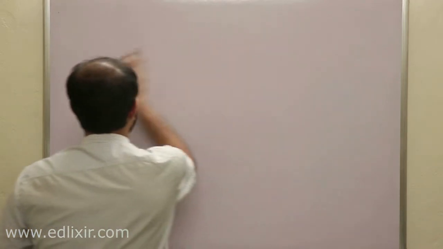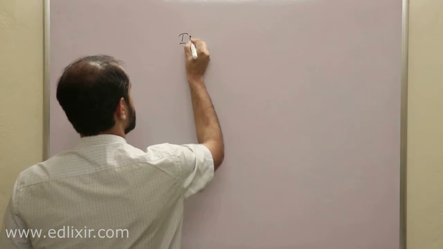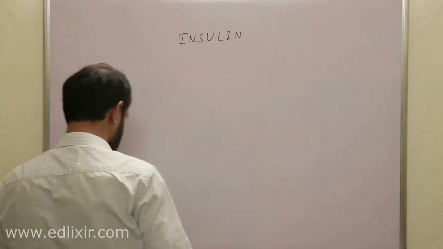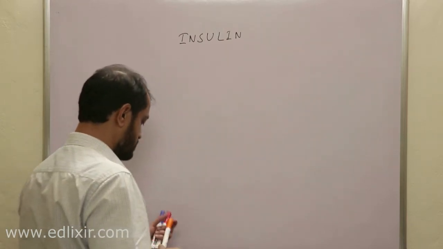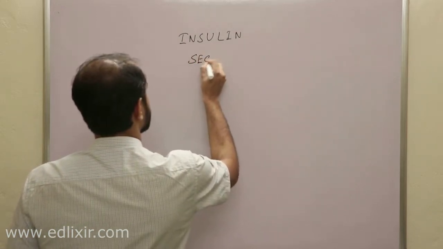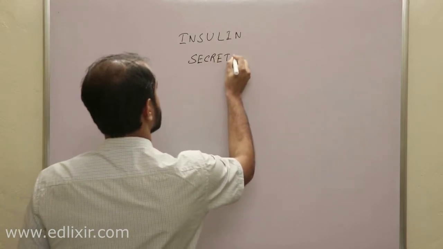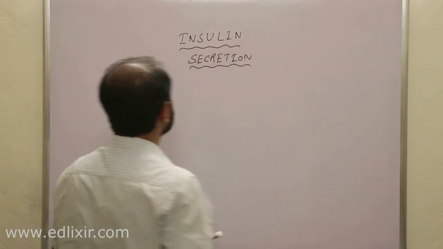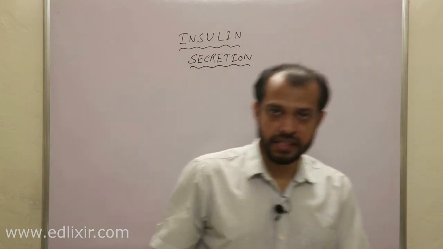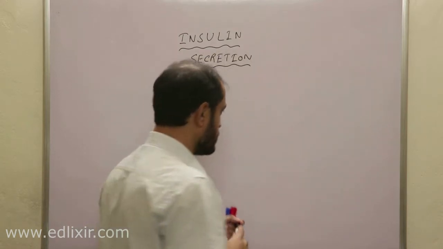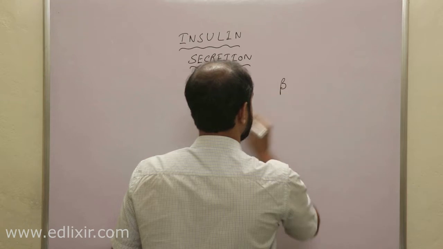Okay. Now, the first point you need to understand is that when you are talking about insulin secretion, the first thing you need to understand is that insulin is secreted and produced in the pancreas, in the pancreatic beta cell.